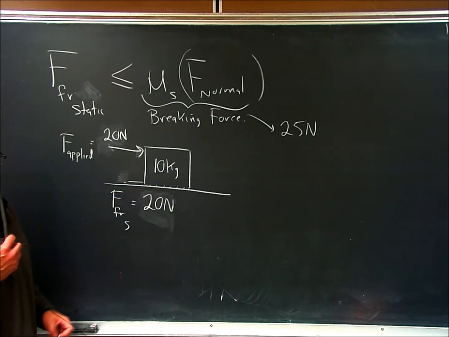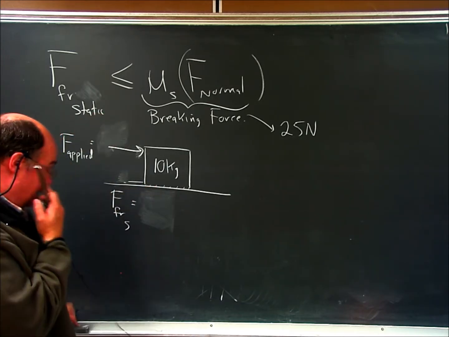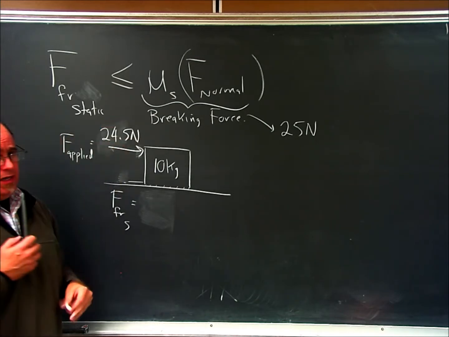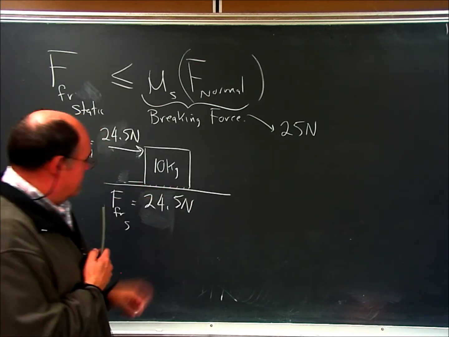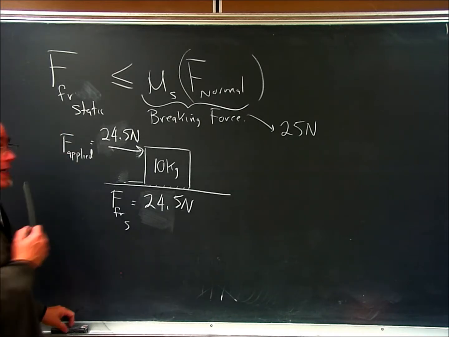If I decide to bring this number up to 24.5 newtons, it won't break free. Okay, I could do this all day. I have to get up to 25, exactly at 25.